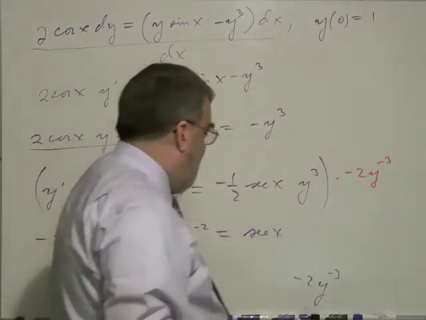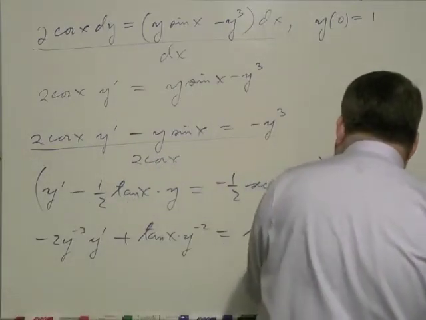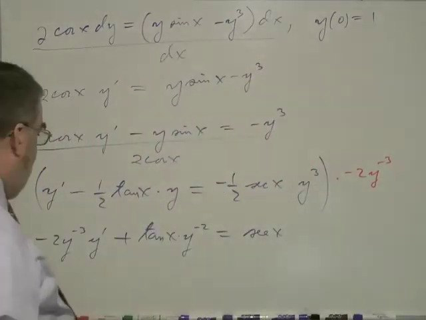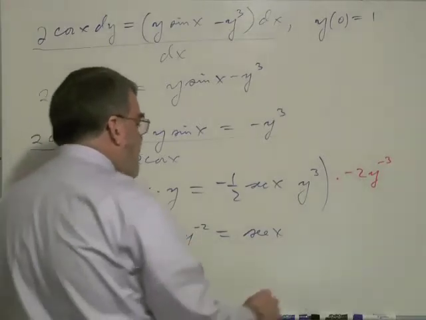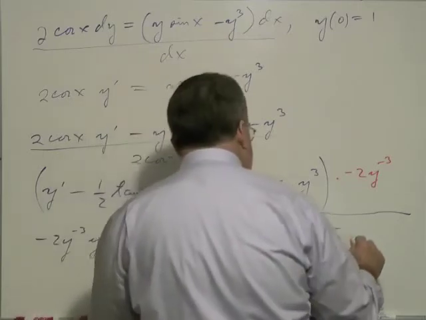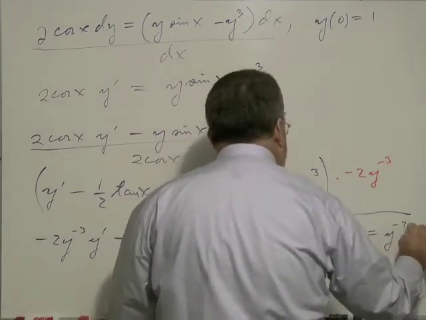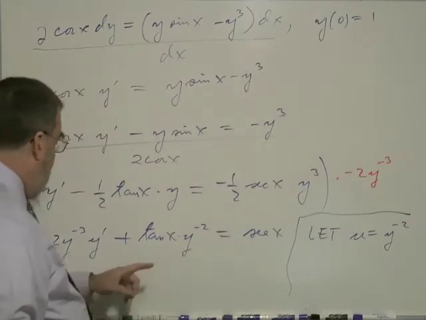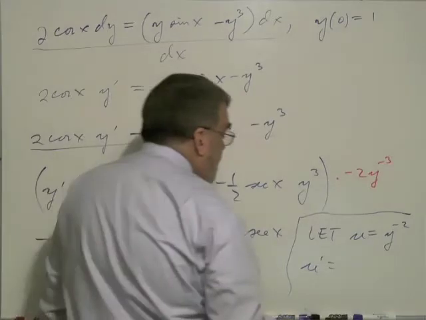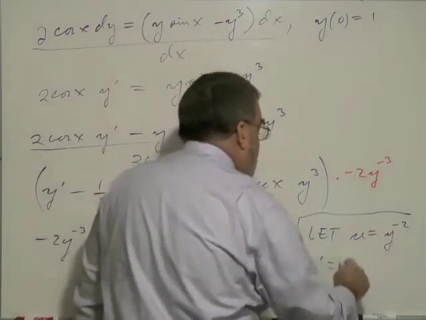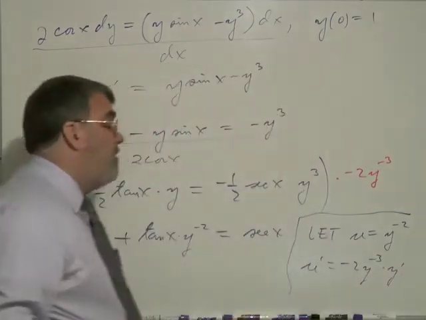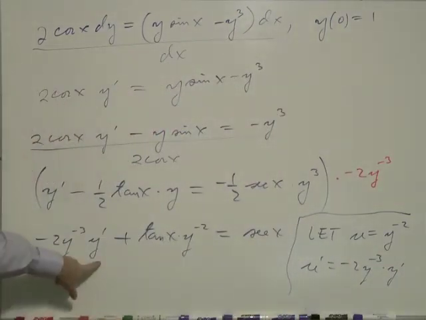And to make it look familiar, I'm going to change my variable here, change the y variables out, because I want this to be u. So let's let u equal y to the minus 2 power, and then u prime, take the derivative of this equation with respect to x, and we'll get negative 2 y to the negative 3rd power times y prime, which is what I have here, isn't it?